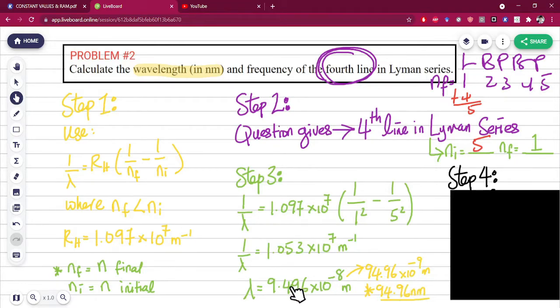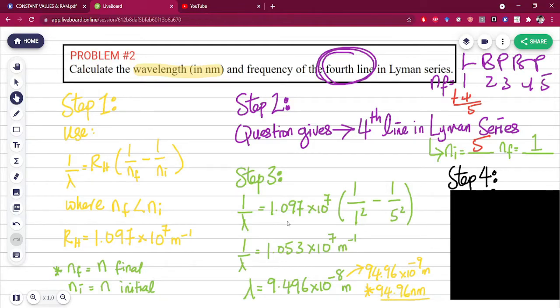So how do you do that? By moving this dot to that side, and this will be in this form, and you will get times 10 to the power of negative 9. And this thing over here, we talked about just now. You can change that into nano like this. So this is the final answer that you're looking for.